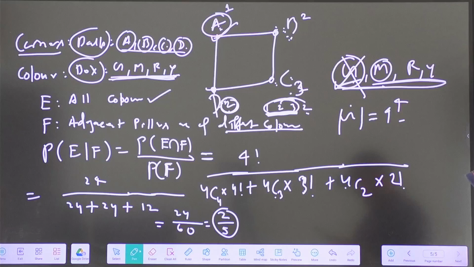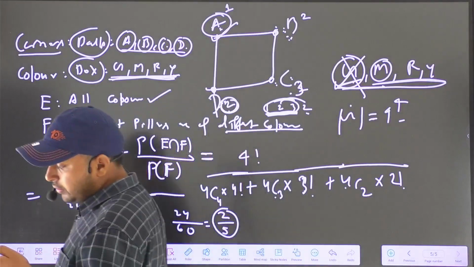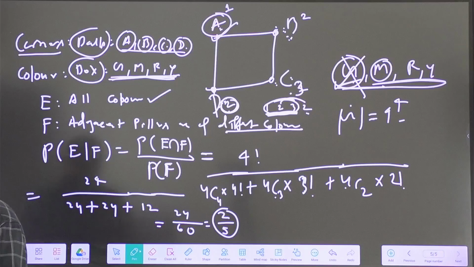You don't have an official answer key, so if something is wrong, we can think again. I will try once again in the manual way and tell you. This is a good question actually, but I think the numerator is fine. In the denominator, we might have to think something.